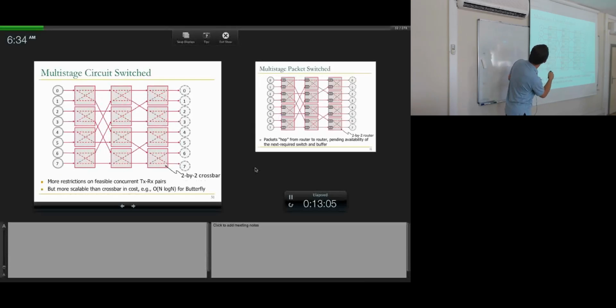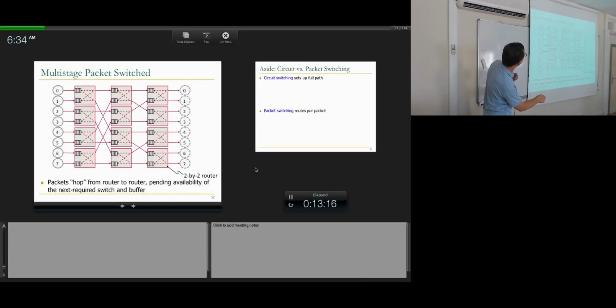You could also do it packet switched. Now you don't set up the path early on. If you're communicating between 0 and 7, for example, you don't set up and dedicate that path early on. But you say, I'm going to allow all kinds of connections to be concurrent at any given time. For this, you need dynamically switched routers. Basically, the routers need to be able to dynamically connect any input to any output. And that complicates the router design here.